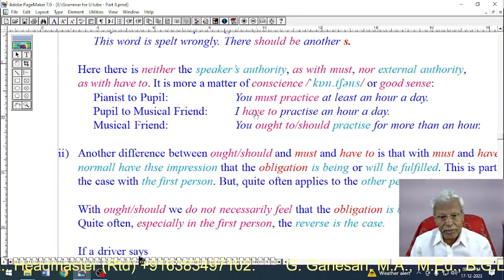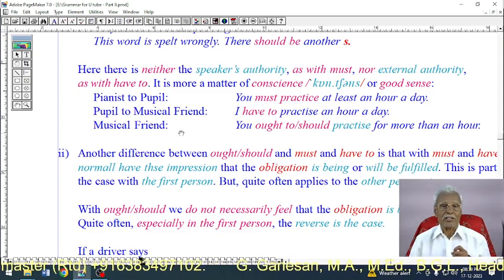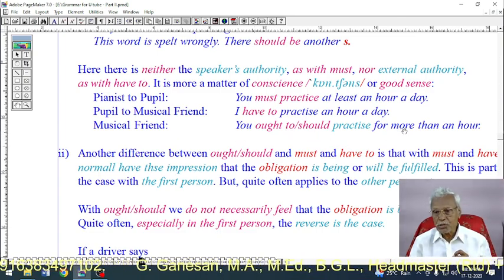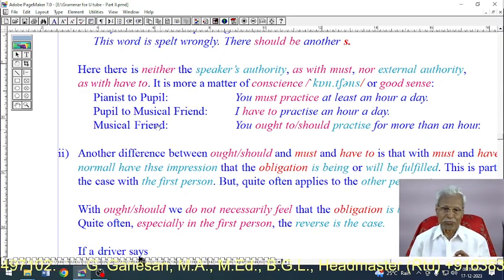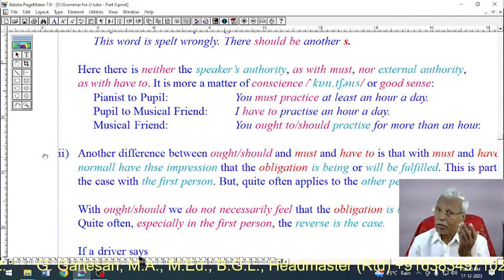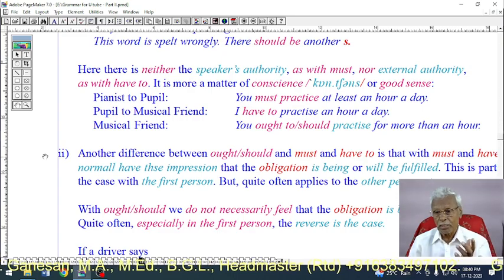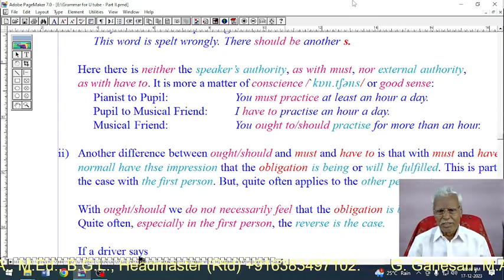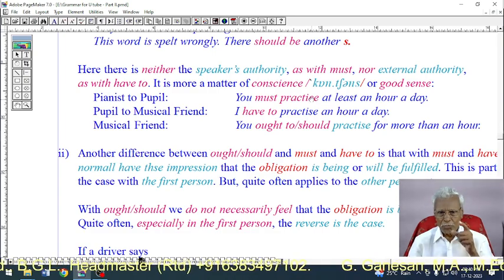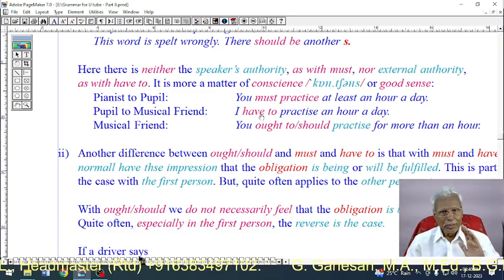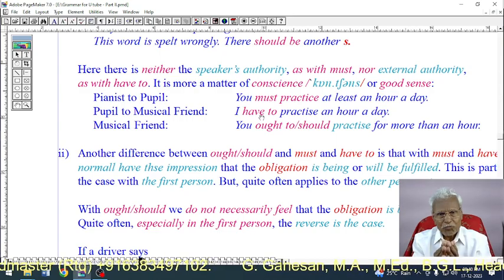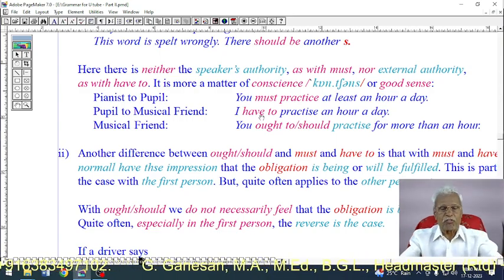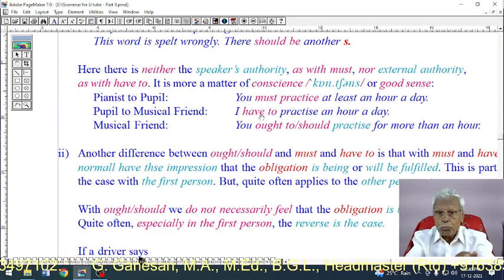But see the third one, the musical friend: you ought to or should practice for more than an hour. Here, with must and have to, the expectation would be fulfilled.